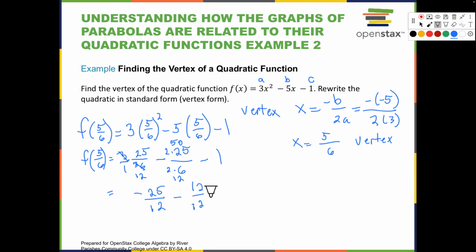It looks like we end up with negative 37 over 12. Not a very pretty number. But the vertex then is 5/6, negative 37 over 12. And then we could write it in vertex form.